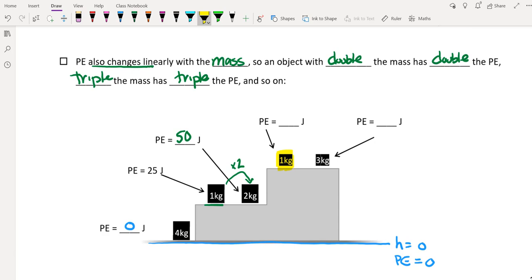We double the height, so if it is at 25 joules, and then we double the height, we are now at 50 joules.